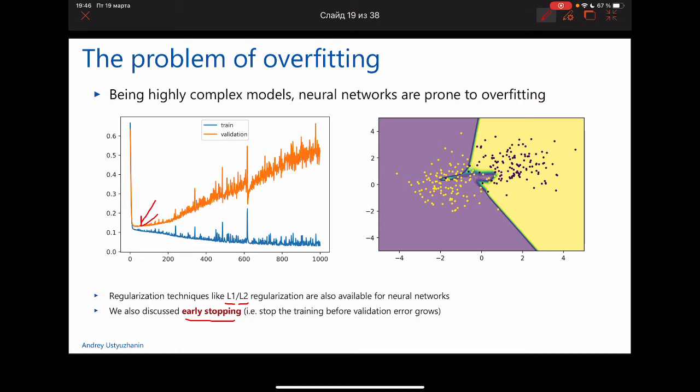Like in this region, we start to see that the validation error becomes higher and higher without subsequent decrease, and it is a clear sign that we have to stop here, because we are starting to see such unwanted artifacts in our network performance.